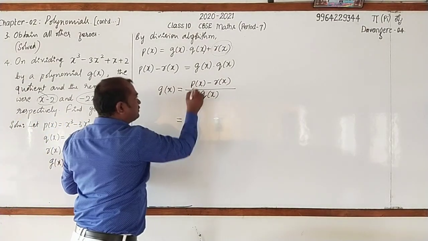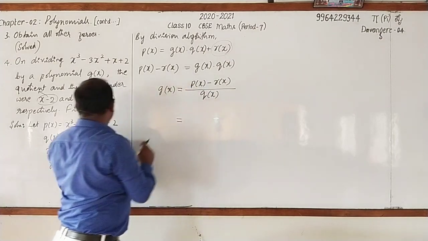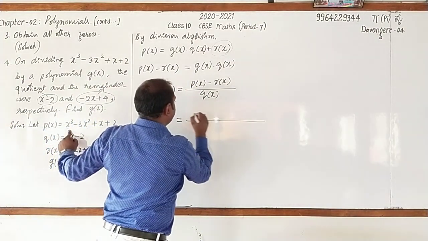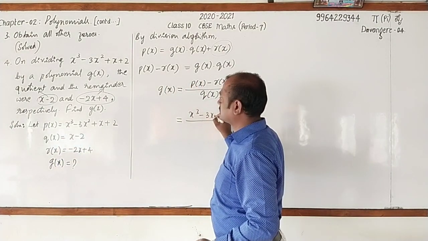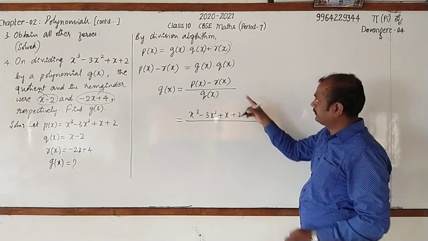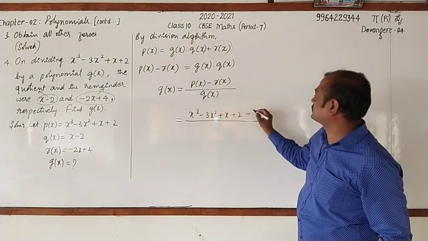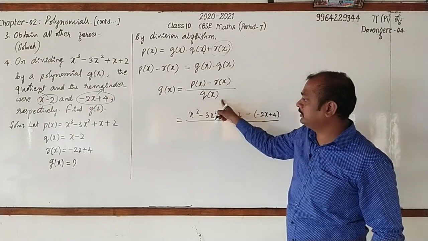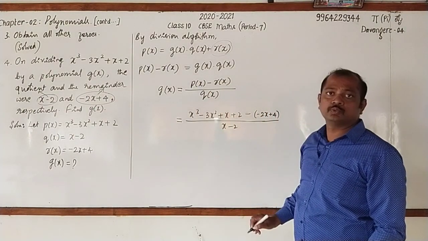Now, let me go for substituting this. What is p of x? This is x cube minus 3x square plus x plus 2 minus r of x. What is r of x? R of x is minus 2x plus 4. Minus 2x plus 4 whole divided by q of x. This is x minus 2.